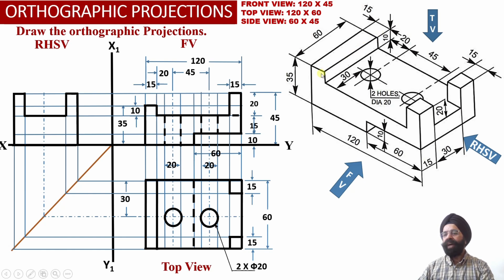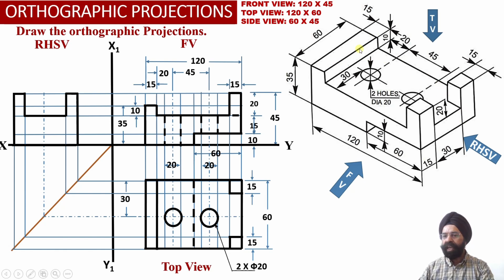And one thing we must remember, the height of the left side web happens to be 35 millimeter, while the height of the right side web happens to be 45 millimeter. So this total web will not be visible to the observer from the right hand side.